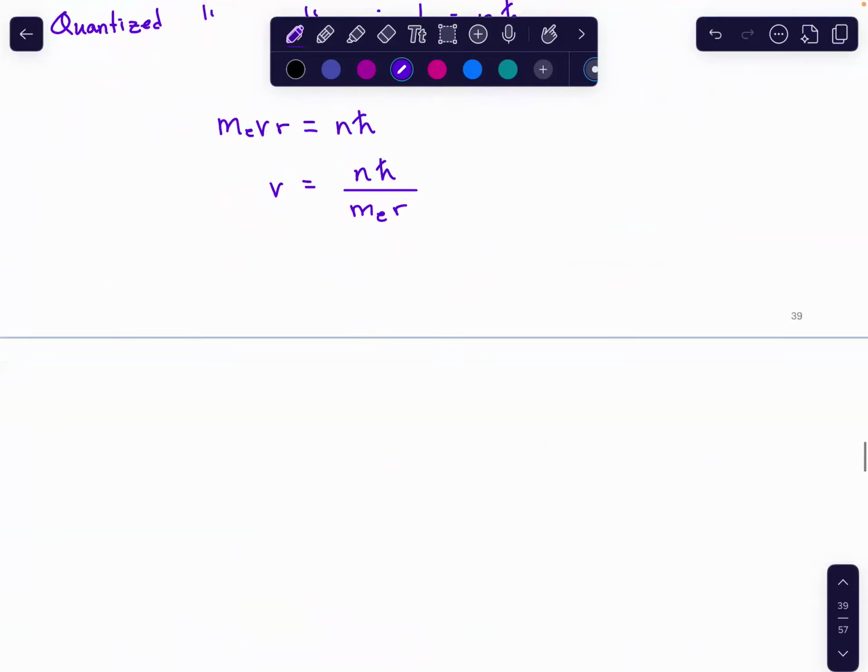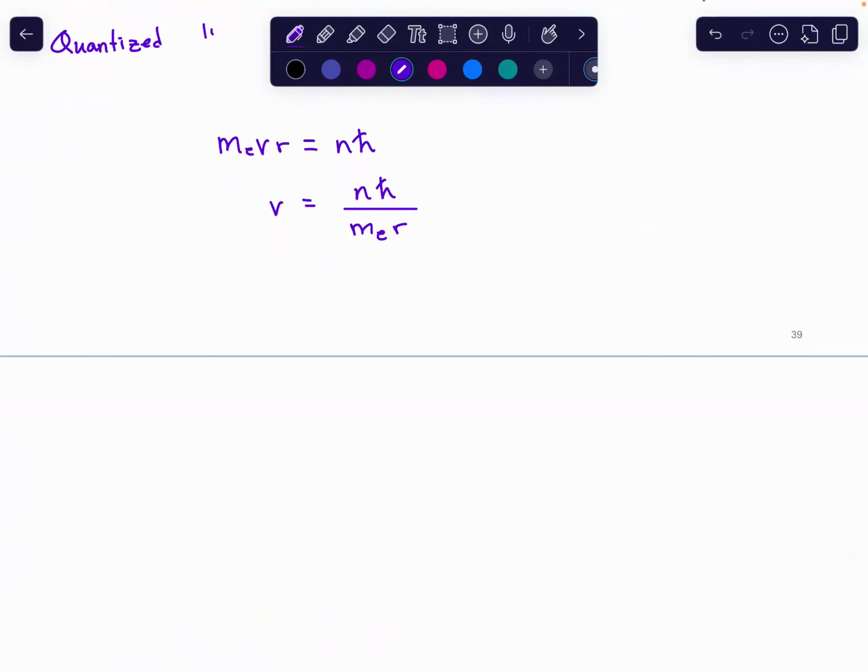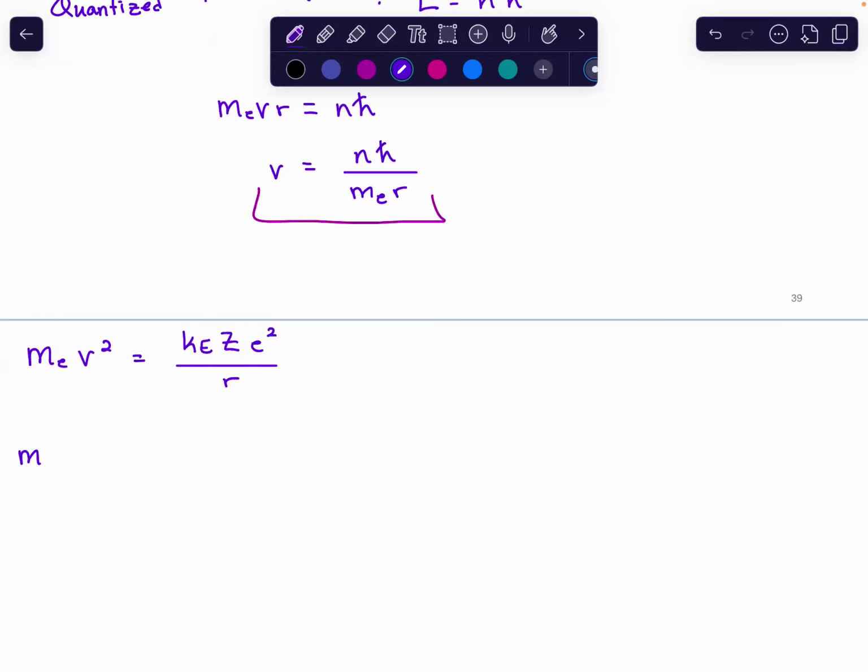What I'm going to have is m_e V squared over R equals k_e Z e squared over R. And I'm going to substitute in my equation for V, n h bar over m_e R, squared, equals k_e Z e squared over R.